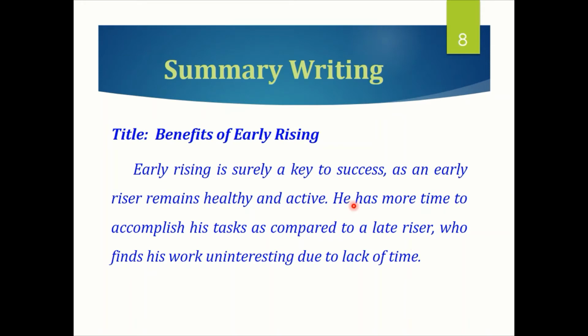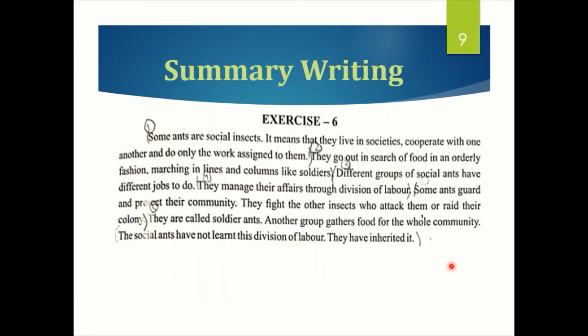So he has more time to accomplish his tasks as compared to a late riser who finds his work uninteresting due to lack of time. So you know that now we have done this summary in a very compact and concise way, and we have reduced it to 1/3 of the real passage. So now next is your exercise number 6.